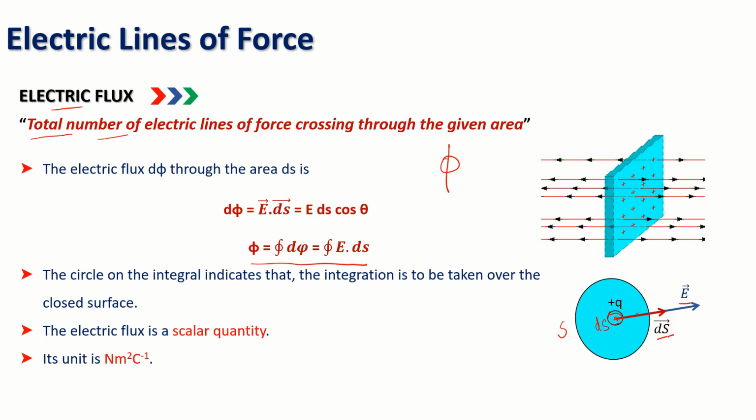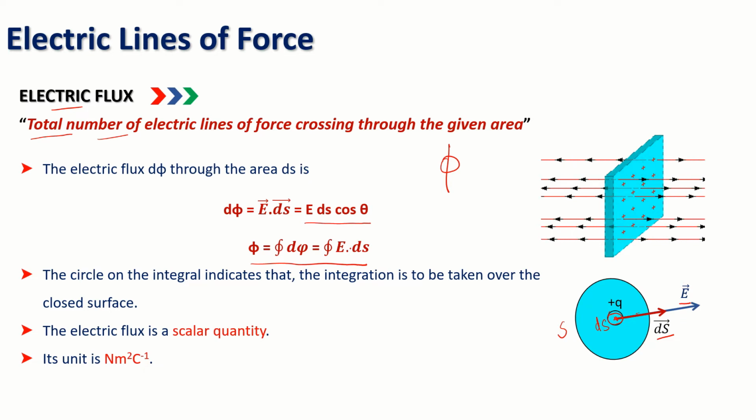dS means a smaller area we are considering. Now consider the direction of both E and dS. The direction of both is the same. Hence, you have to use E dS cos theta, or simply E dot dS, because both are parallel. If both are parallel, you take the dot product and you will get this.